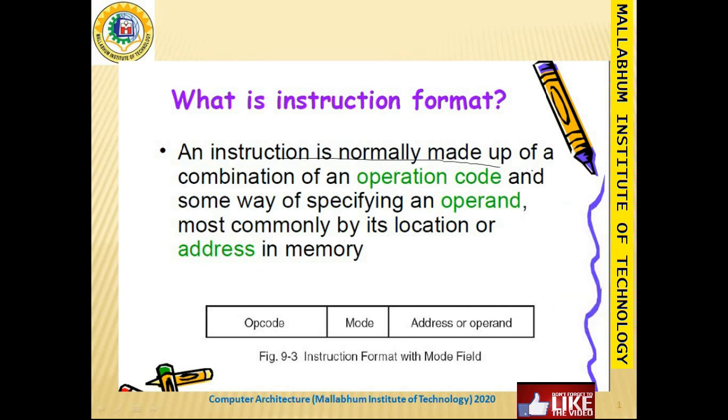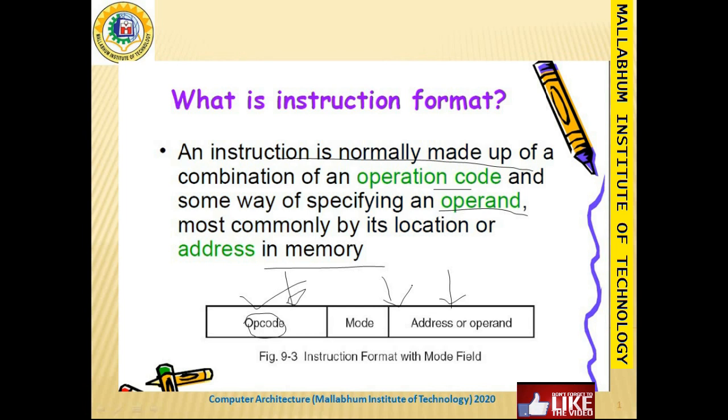That means an instruction is composed of an operational code, or shortly an opcode. Second, the operand is specified most commonly by its location or address in memory. That means it is composed of an address. Also the addressing mode has to be defined. So that is the main format of an instruction.